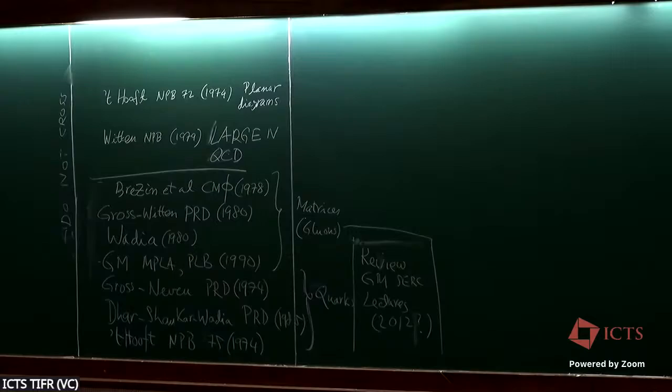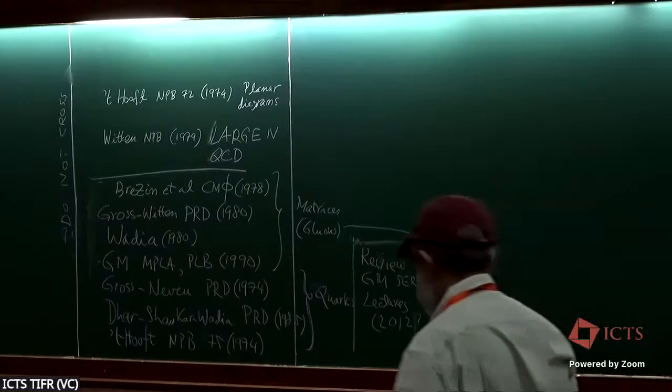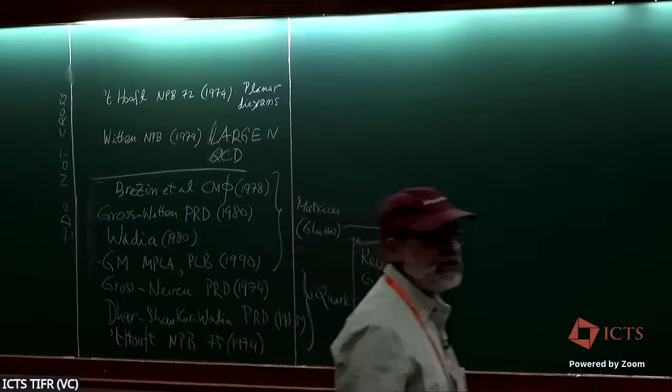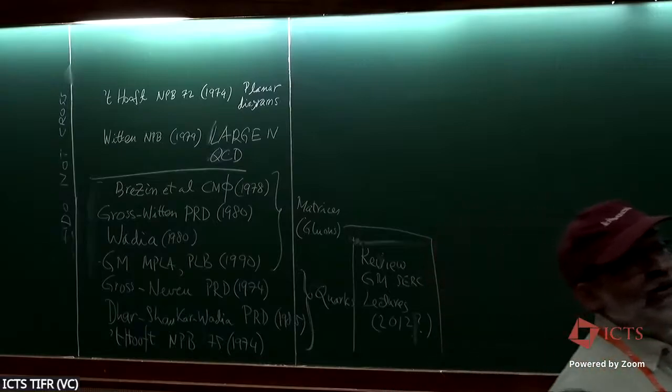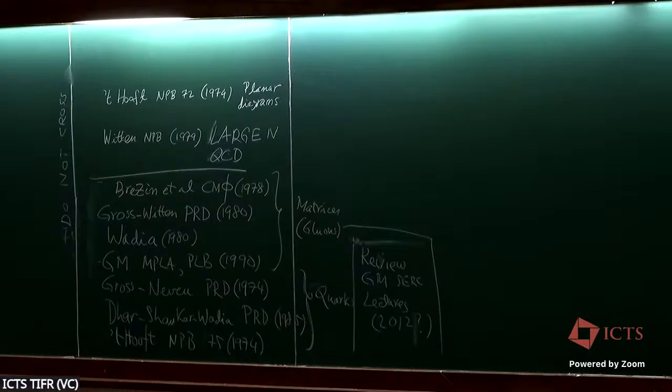And then he showed that 1 over N appears as a perturbation parameter. In the large N limit, it leads to a select subset of Feynman diagrams, which are called planar diagrams. That's a very significant cutting down on the number of Feynman diagrams to compute. Even so, it remains a hard problem to compute the sum of all these dominant planar diagrams.